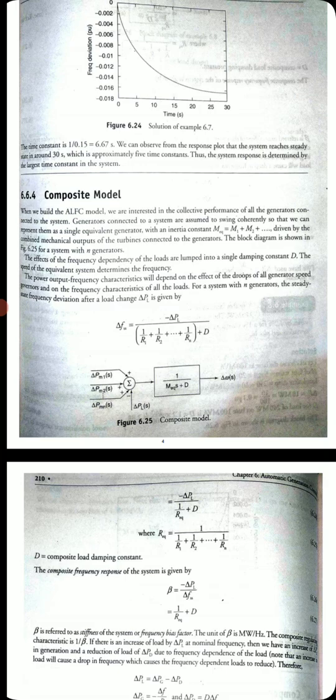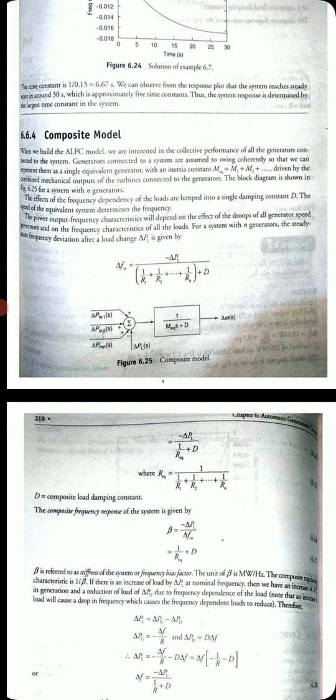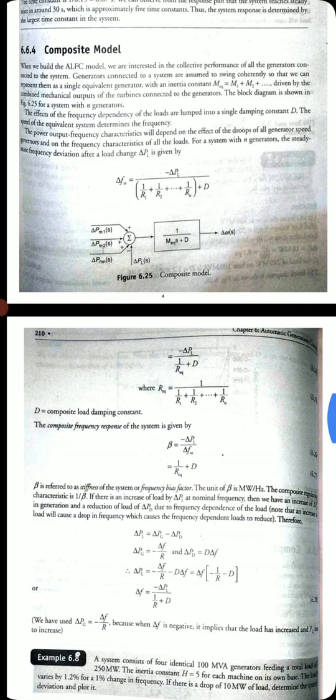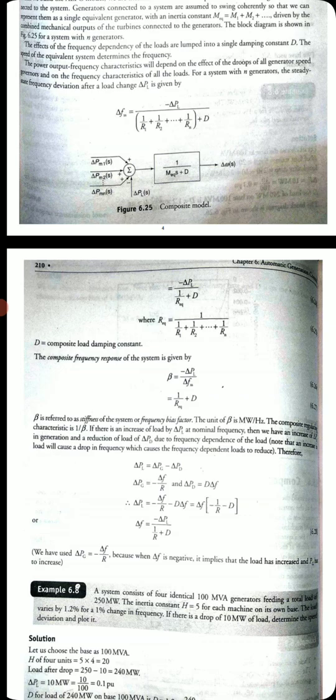So this is the change in frequency, and this is the block diagram of the composite model, where delta FSS is equal to minus delta PL divided by 1 by R equivalent plus D. Here 1 by R1 to 1 by Rn is taken as 1 by R equivalent. R equivalent is 1 over the sum of 1 by R1 till 1 by Rn. D is the composite load damping constant.